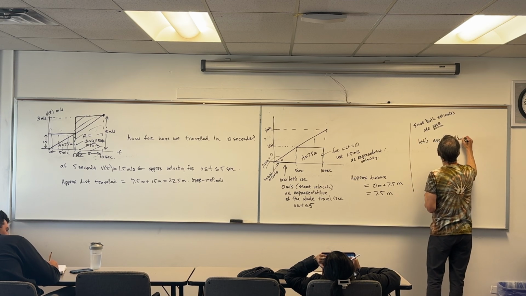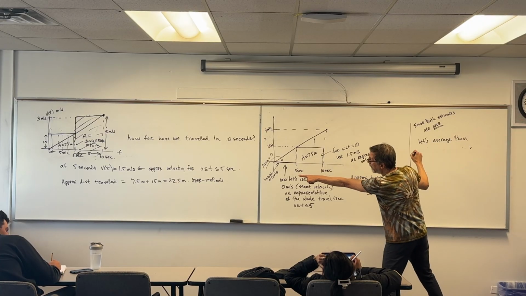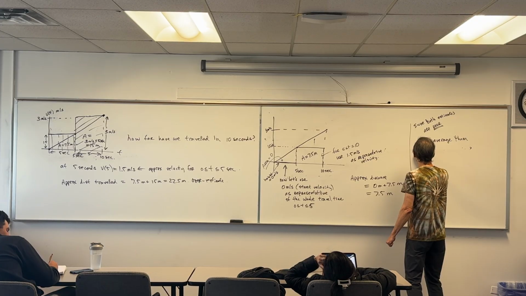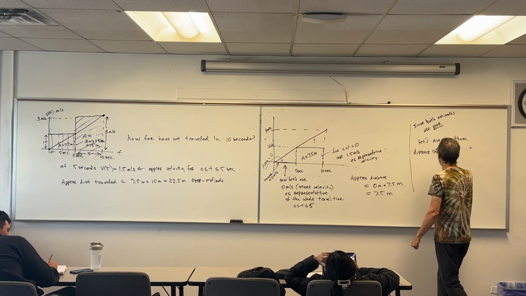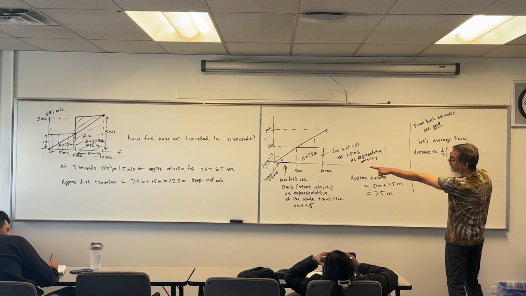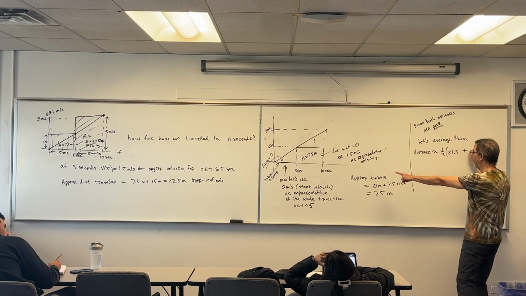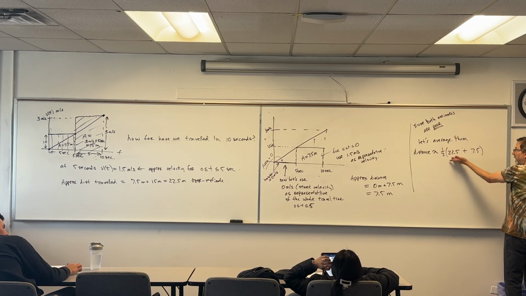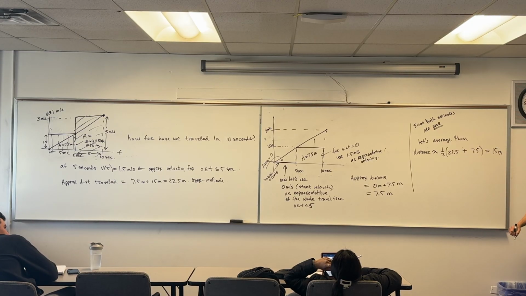I'm doing this because one is over and one is under. So the first estimate was 22.5. So our distance will be approximately 1/2 of the first distance, 22.5, plus the second distance, 7.5. Notice how that's a beautiful 30, and I get 15 meters.